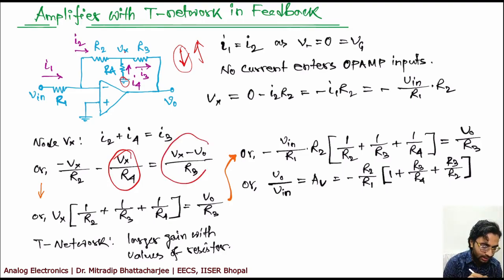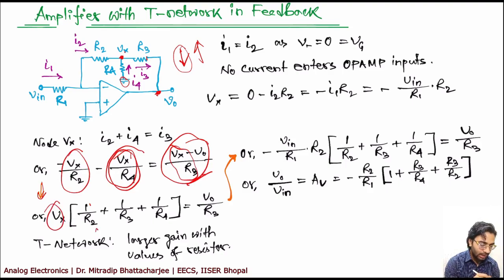And your I3, this is V0, this is Vx, and it is going from Vx to V0, so Vx minus V0 divided by R3. Do some adjustment, take these Vx values all together, you will find Vx into 1 by R2, 1 by R3, 1 by R4 is equal to V0 by R3.